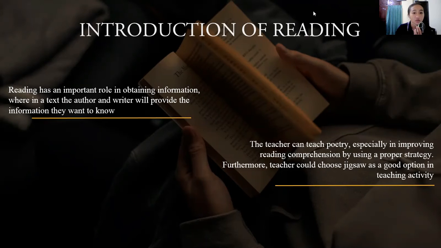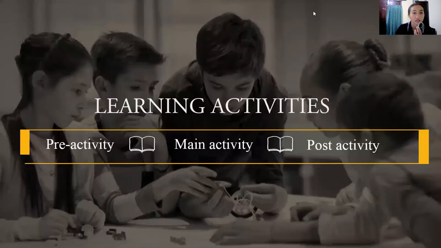Furthermore, teachers could choose Jigsaw as a good option in teaching activity. Jigsaw is a cooperative learning model focusing on group work of students in the form of small groups who work together to maximize learning conditions, to seek learning objectives and get maximum learning experience. And the next will be presented by my friend.